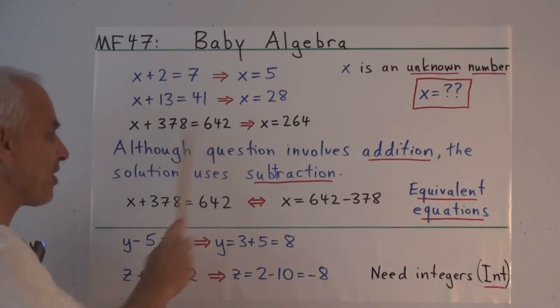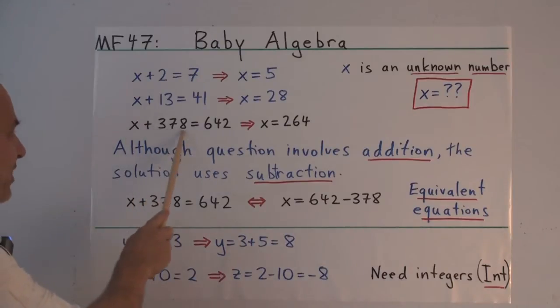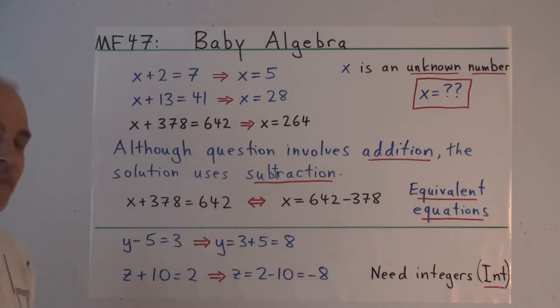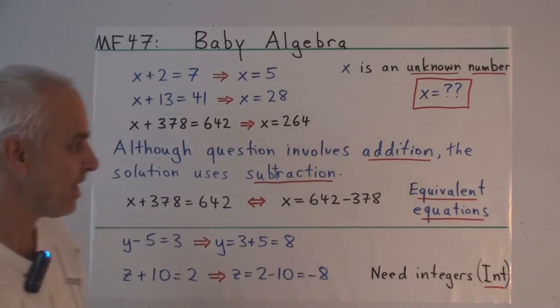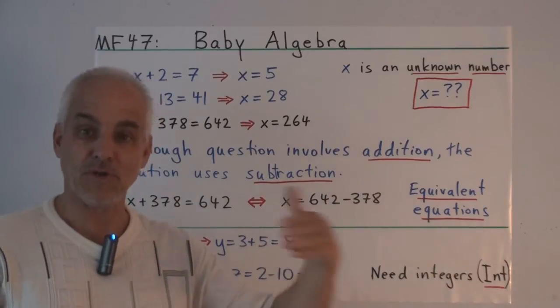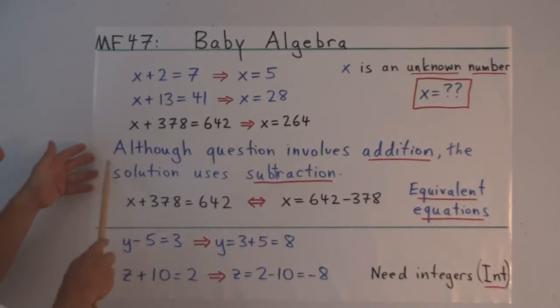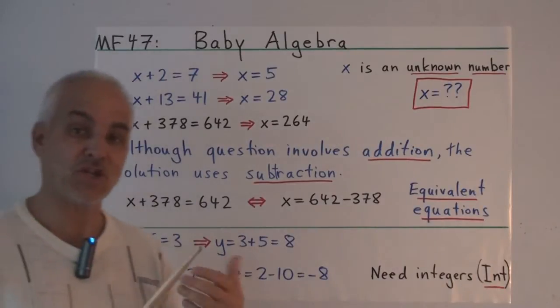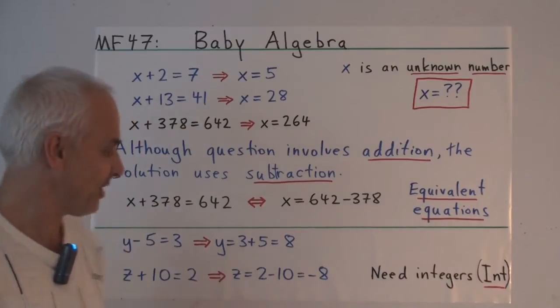However, with a more complicated question like this involving bigger numbers, X plus 378 equals 642, how is she going to figure out that the answer is 264? Some kind of manipulation of the equation is necessary to reduce it to a simpler equation. And it turns out that although the original equation involves addition, the actual solution of the problem uses subtraction.